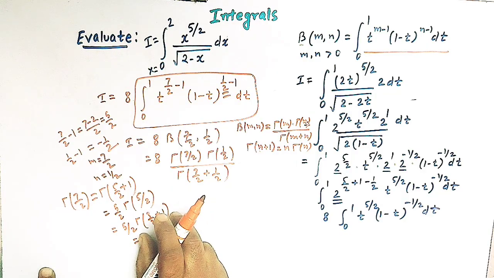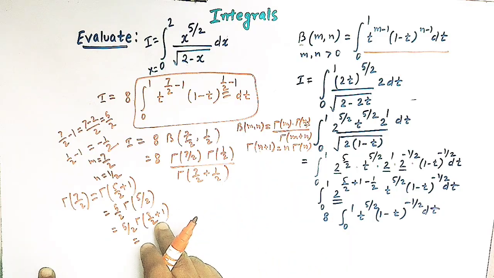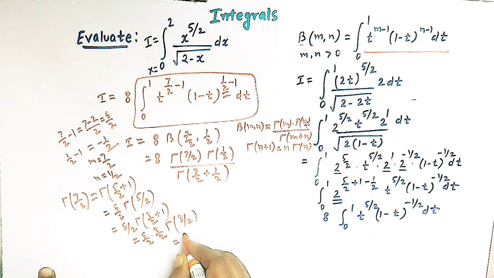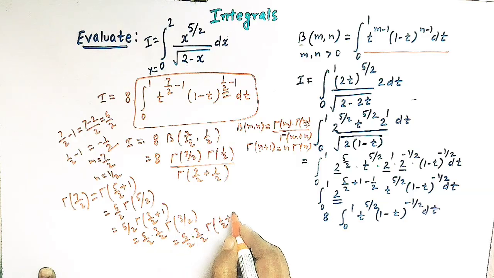So again, applying this result to this one, we have 5 over 2 times 3 over 2 and gamma 3 over 2. Let us further write gamma 3 over 2 as gamma of half plus 1.